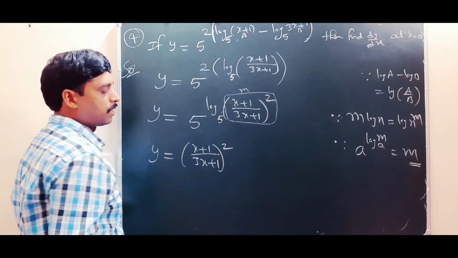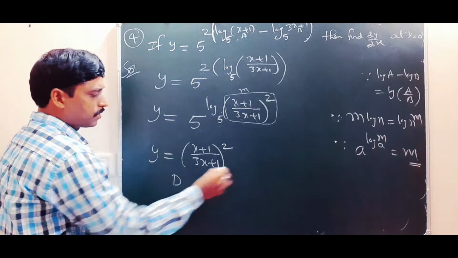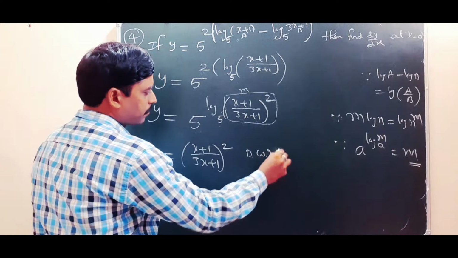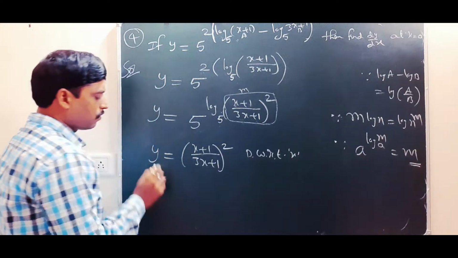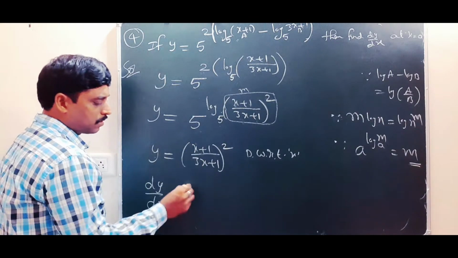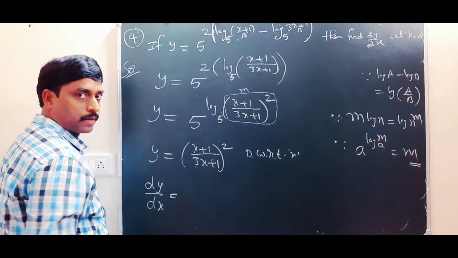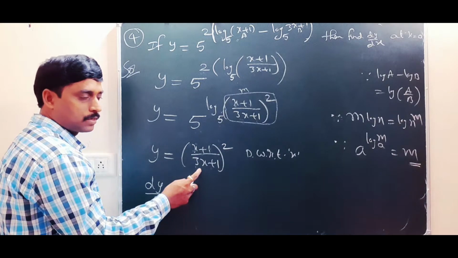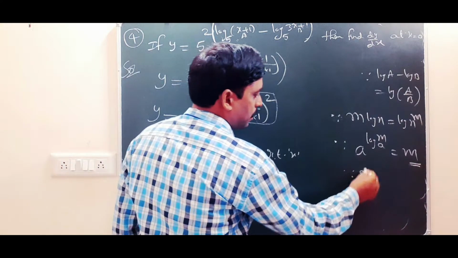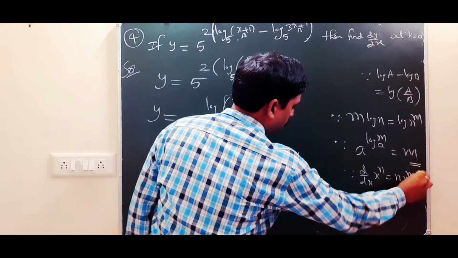Okay, now our target is dy by dx, differentiation with respect to x on both sides. So differentiation of y, we get dy by dx. So differentiation of ((x plus 1) by (3x plus 1)) whole square, we should apply the x to the power n formula. d by dx of x to the power n is equal to n into x to the power n minus 1.